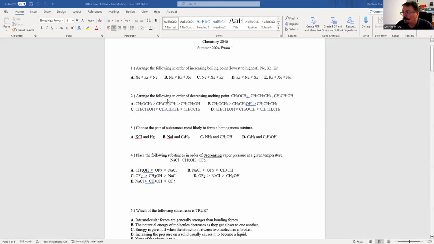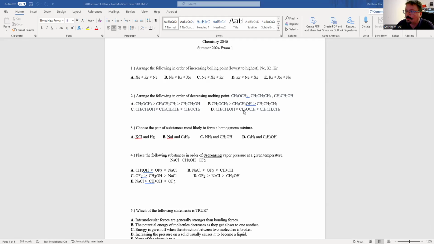Arrange the following in order of decreasing melting point. So going from the highest melting point, or the strongest intermolecular attractive forces, to the lowest. These are all very similar in terms of weight, size, and shape. We're going to start with the methanol that has the OH, that has the hydrogen bonding, followed by the CH3OCH3.